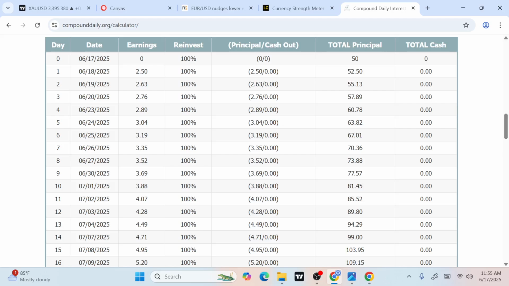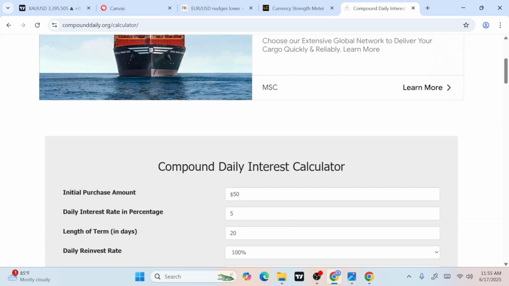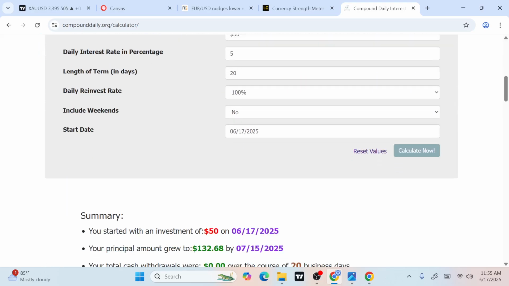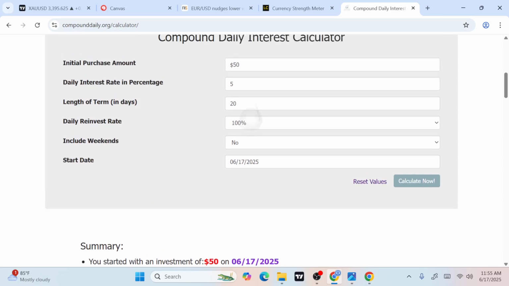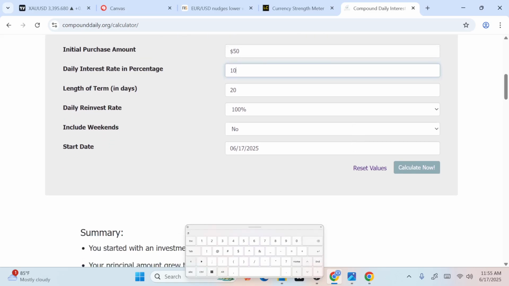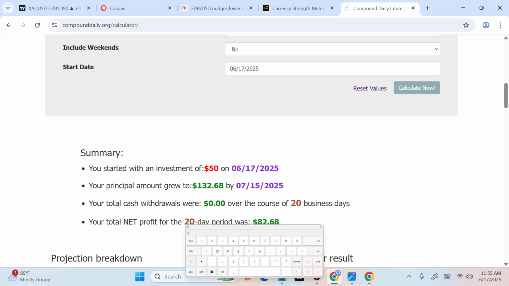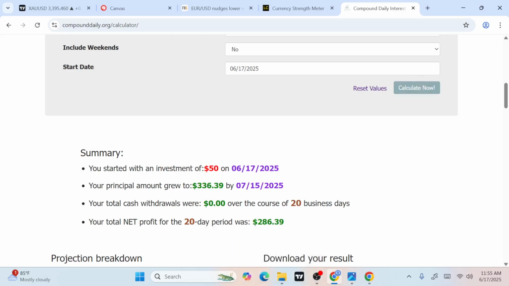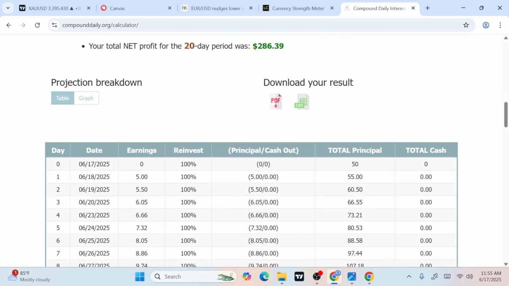There are people that do 10% and above. That's why I'm saying that for small equities, sometimes you can increase your percentage profit to 10 or 15. Yes, 10% is not bad. If you have $50 now, is it not possible for you to make $5?